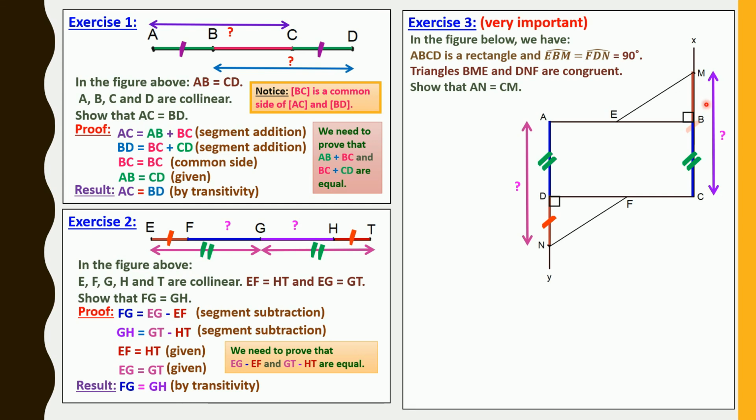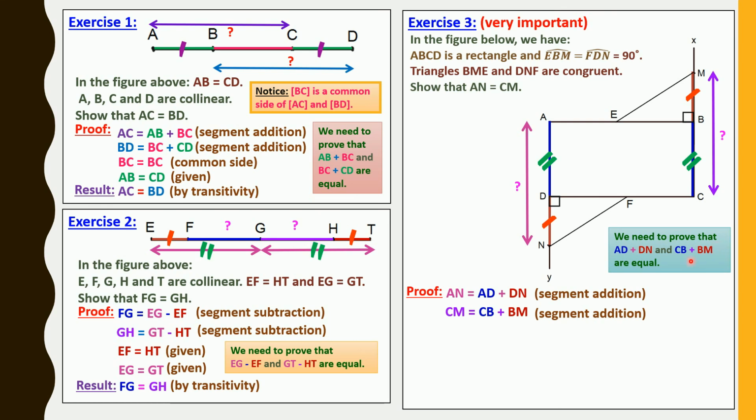So yes, they are equal because they are corresponding elements of the two congruent triangles BME and DNF. So let's start with the proof. Segment AN equals AD plus DN, segment addition. Segment CM equals segment CB plus segment BM, also segment addition.